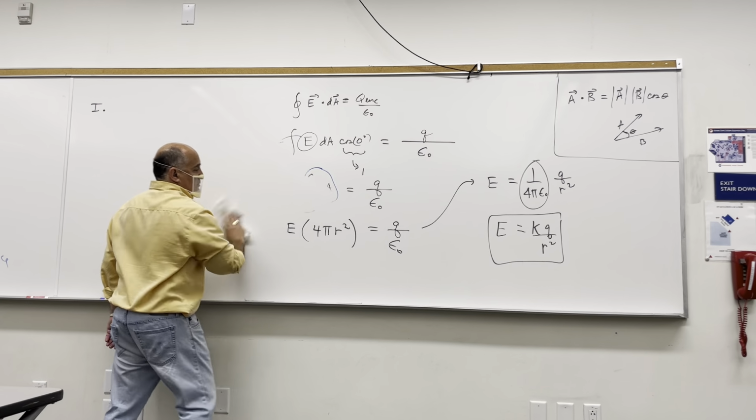Okay, now we're going to do the problem outside. So we want to find out the electric field outside the sphere. That's when R is going to be bigger than the radius. So this is the metal.